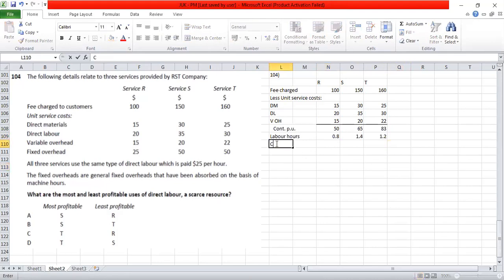So contribution per labor hour. Now rank the products. Contribution per labor hour, we got it. This one is first, most profitable, and the least is this one, S. So option D is the right answer.